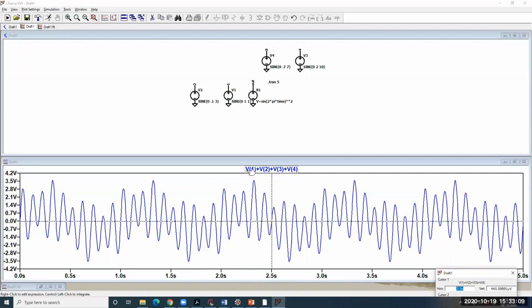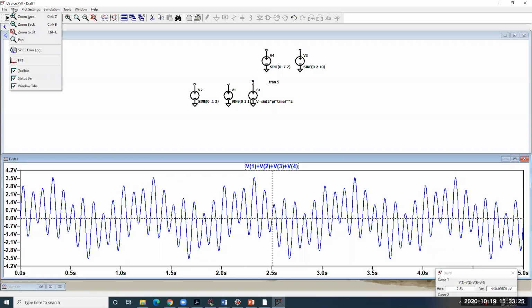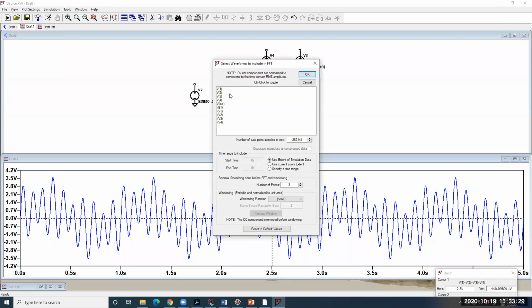All I've done is a linear sum of some sine waves with various amplitudes and frequencies. The thing that's great about the Fourier transform is that it can take something that's hard to see in the time domain.